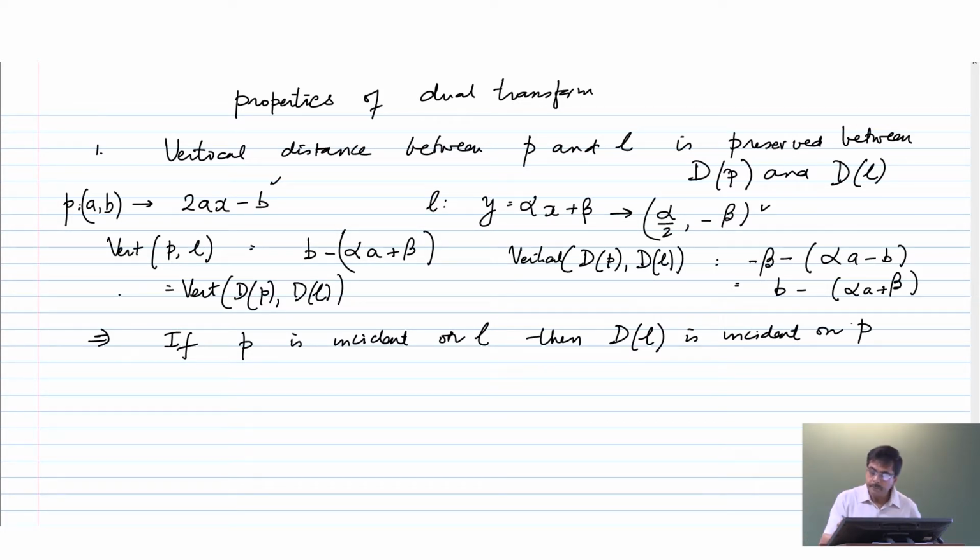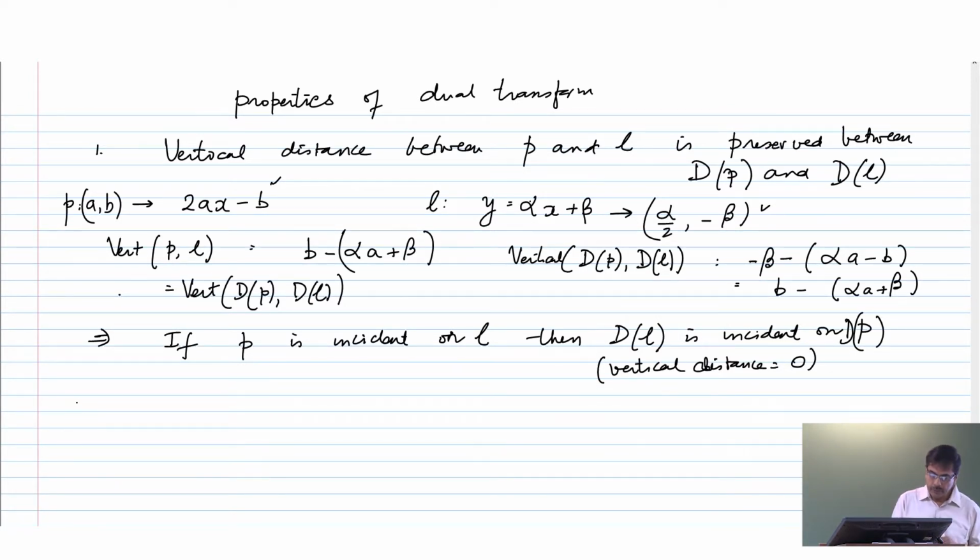Oh, sorry, dp. So, the incidence property is maintained because the vertical distance becomes 0, right. That is vertical distance equal to 0. Okay. So, this is one property. The second property, I will leave it up to you to verify, that it is the above below property.